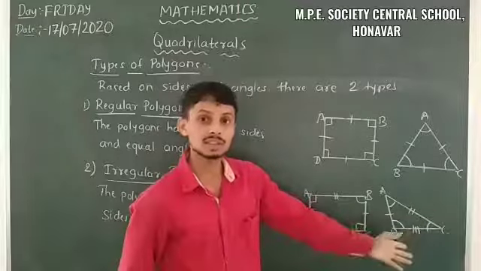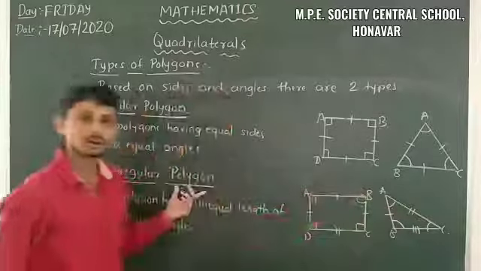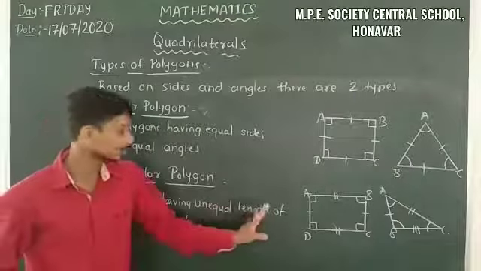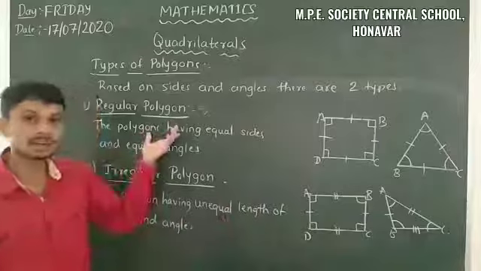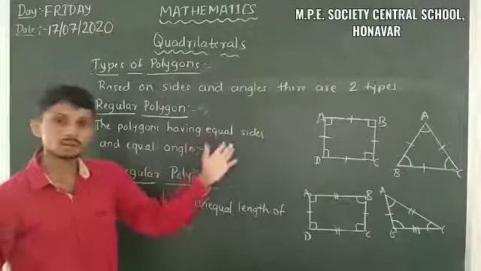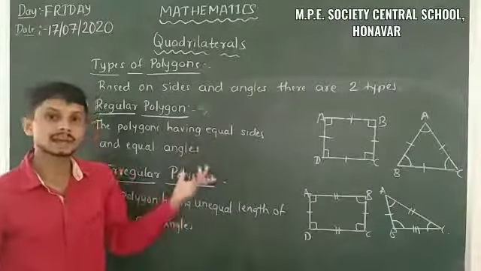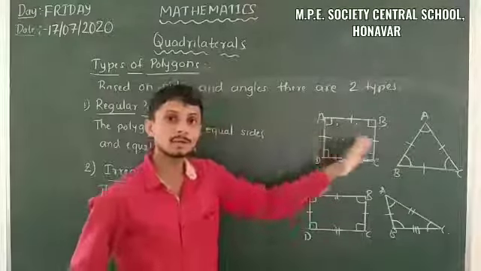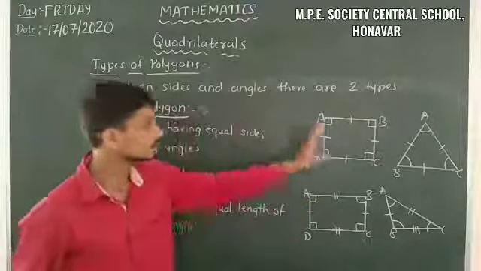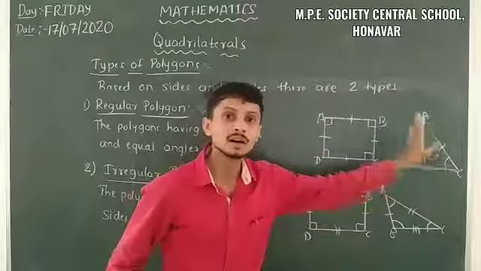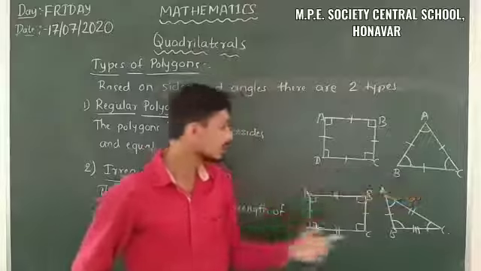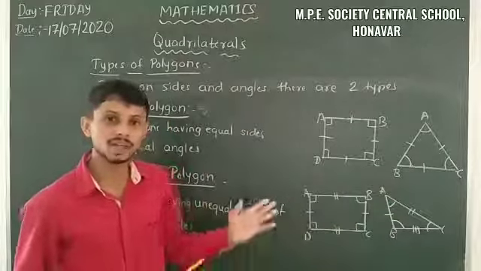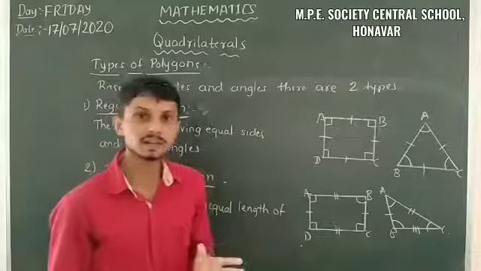So it comes under the irregular polygon. An irregular polygon is a polygon having unequal length of sides and angles. A regular polygon has equal length of sides and angles. These two, the square and the equilateral triangle, are examples of regular polygons, and these others are examples of irregular polygons having unequal sides and angles.